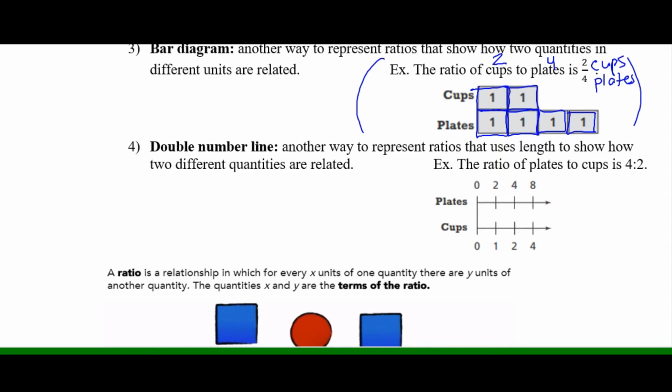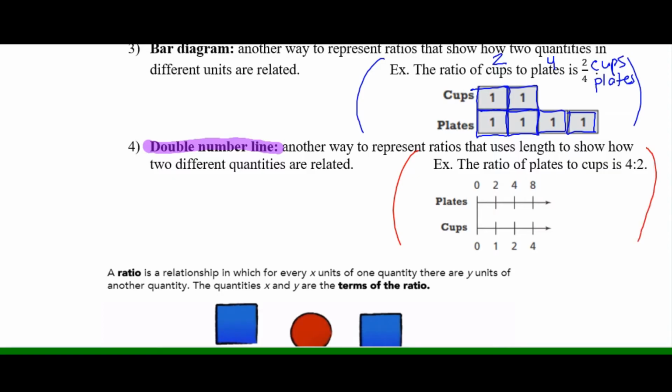Another way to model is using a double number line. That's another way to represent ratios that uses length to show how 2 different quantities are related. So we're going to highlight that double number line, and here's an example right here.